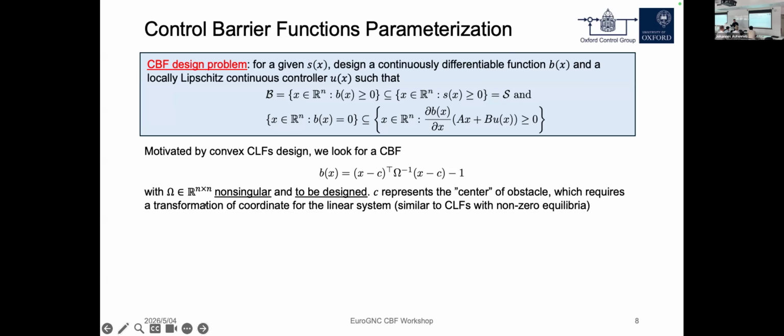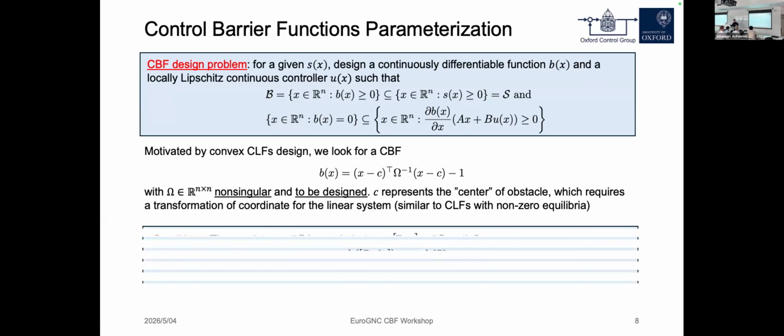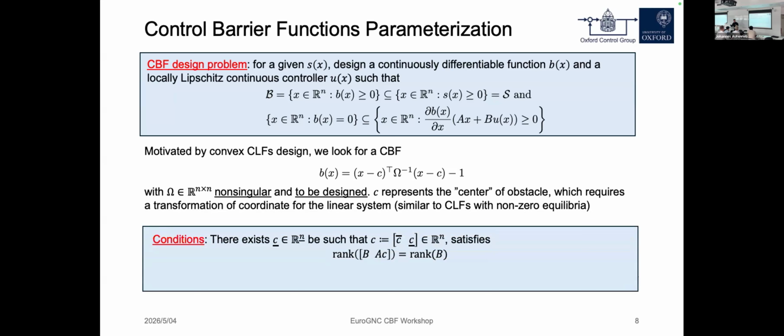Because different from Lyapunov function, now we are actually considering designing a quadratic function centered not on the origin, but on this point C over here, which means that we need to have a transformation of coordinate. We need to change the origin of the coordinate for the design, right? So the condition we want to satisfy for the change of coordinates is very standard.